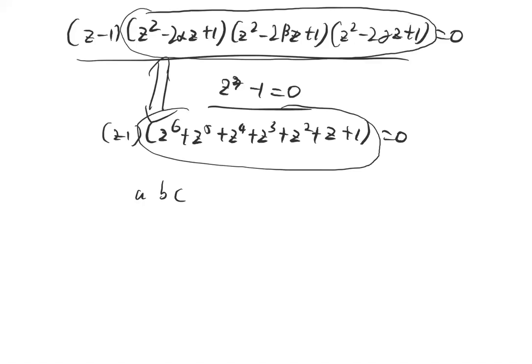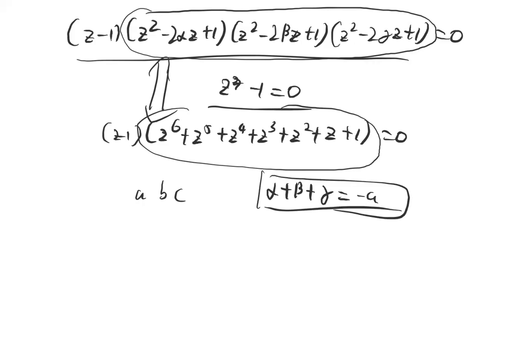We want to find the individual value of A, where alpha plus beta plus gamma equals negative A. We want to find this first. If we really want to find this, we compare the coefficients for each part. The best way to get alpha plus beta plus gamma is to compare the z coefficient. If we take one z out from here, then we have to take one from here, or else there's no other combination.